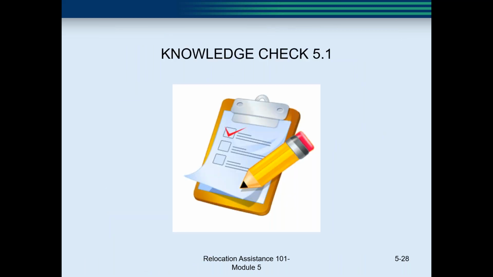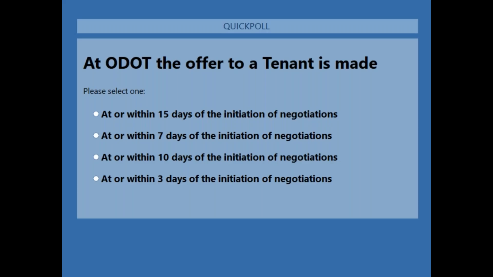Okay, we are ready for our second knowledge check. The first question: at ODOT, the offer to a tenant is made within 15 days, 7 days, 10 days, or 3 days of the initiation of negotiations?